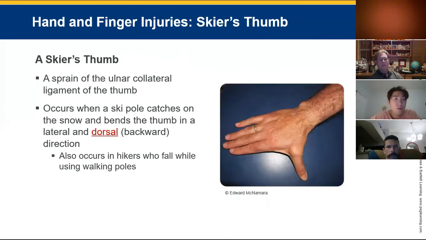Like I just said, the skier's thumb, when you catch that pole. We're going to do the same thing when we go to splint it. With this, I usually like to put a little bit of Curlex in the palm to give them something to rest on, and then I'm going to splint from the fingertips to the mid forearm for a wrist fracture.